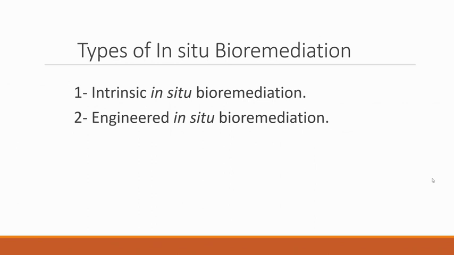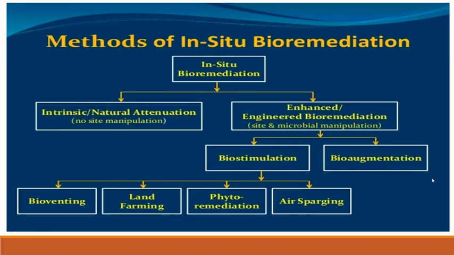Now the in situ, there are two types of in situ remediation. We've talked about that. In in situ remediation, there are two types: intrinsic or natural attenuation and enhanced bioremediation. Okay.